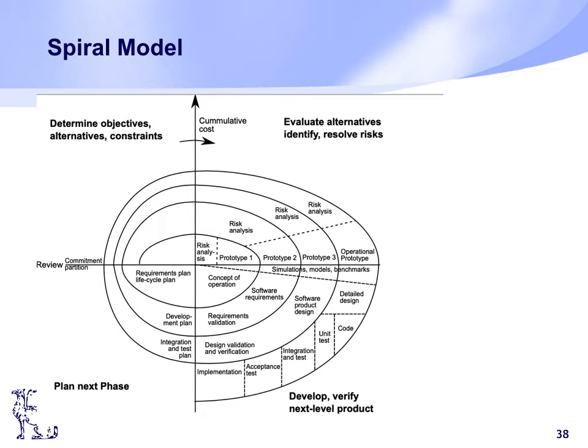For any loop you can use a different model. So with the appropriate mix chosen, you can minimize the risk involved in the development. That's why this is called a meta model.